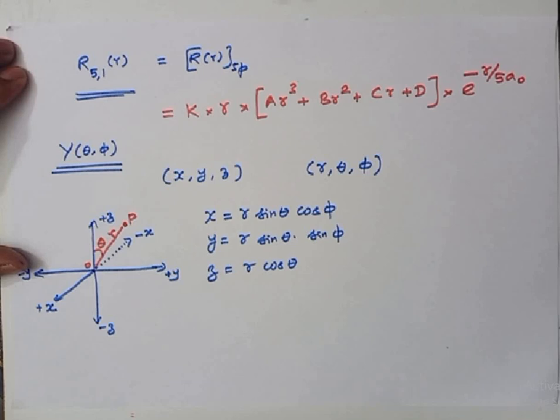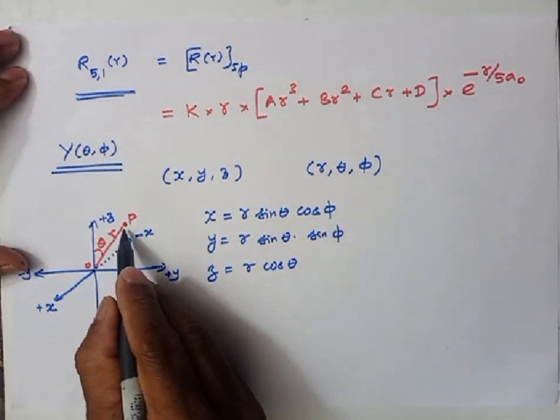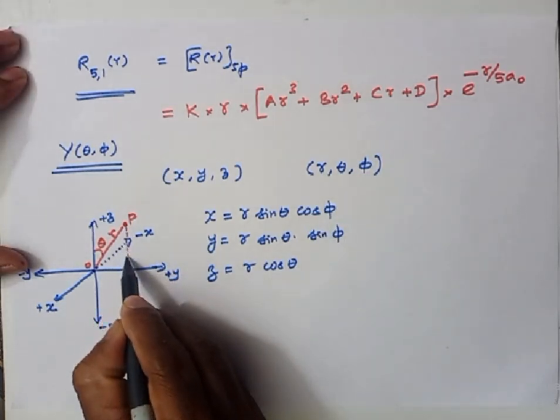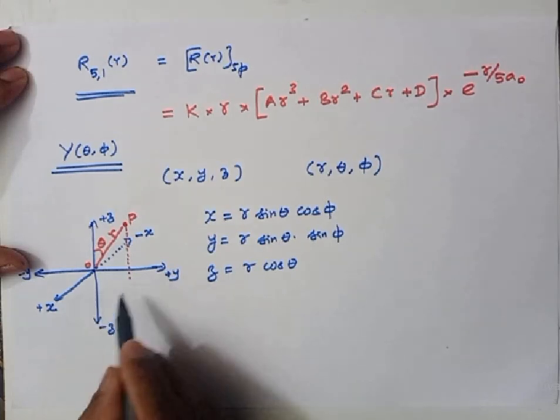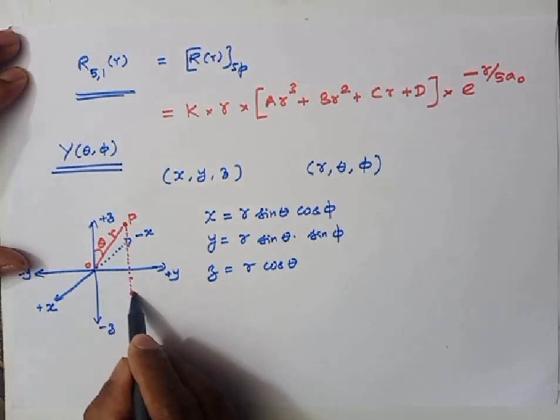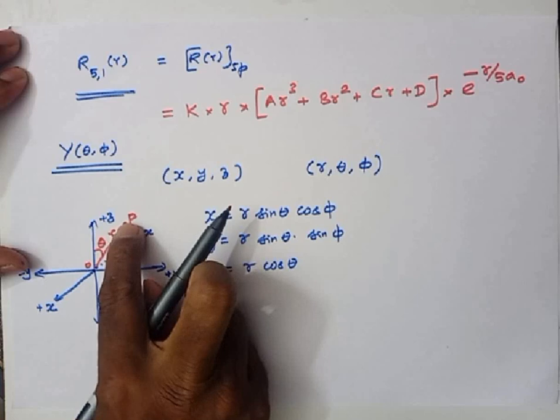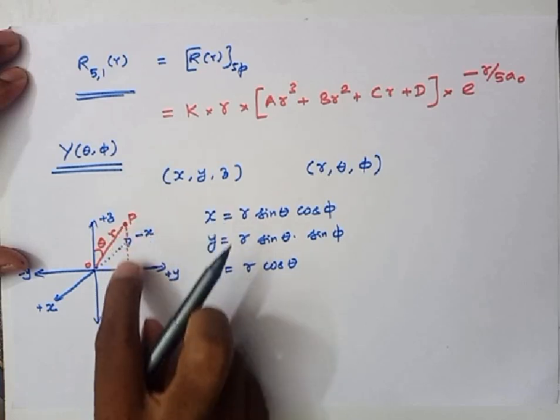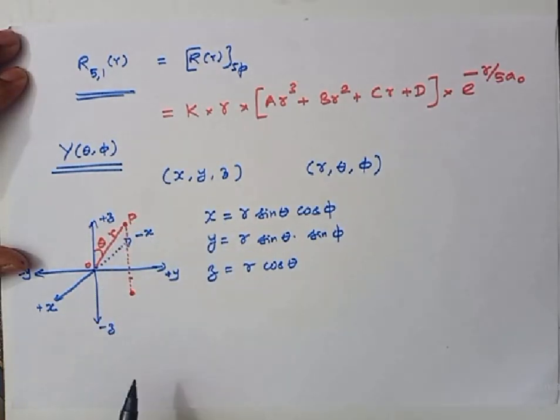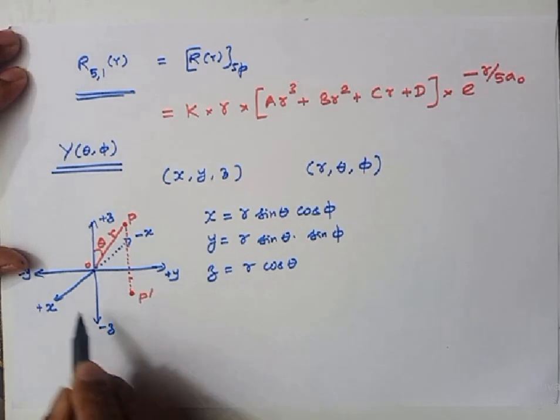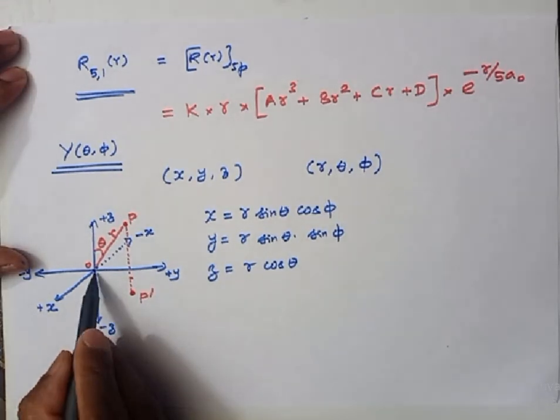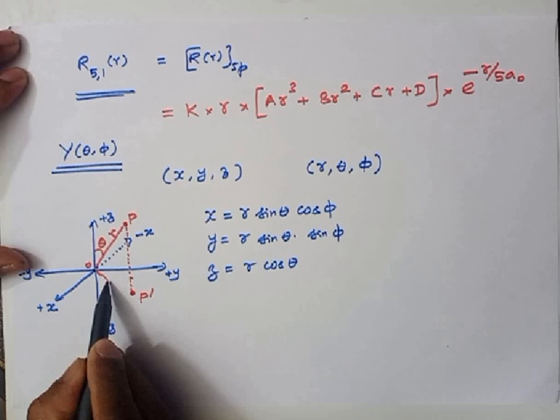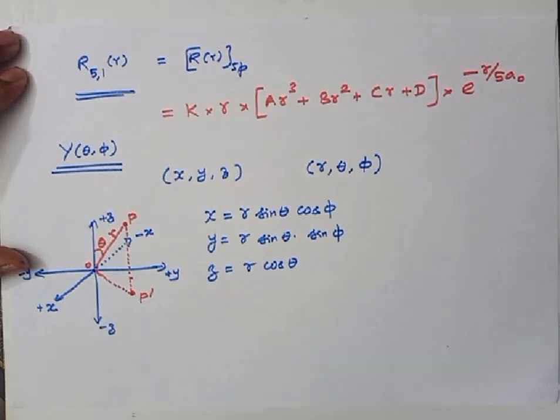Now, what is phi? You draw a projection of this point onto the xy plane. See what I'm doing, I'm drawing a projection of the point onto the xy plane. We get some point in the xy plane. Now join the origin to the point P prime.